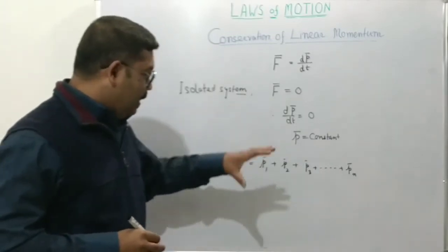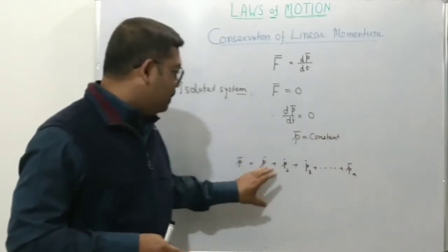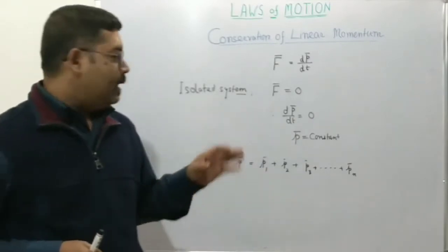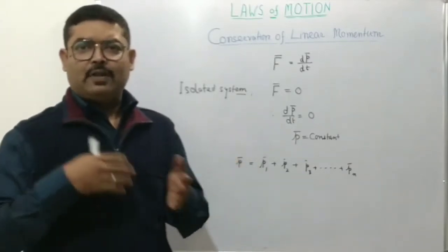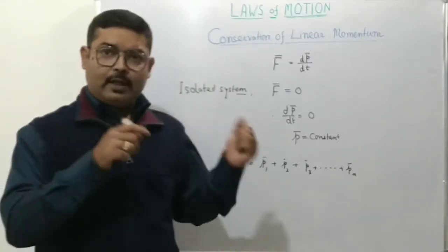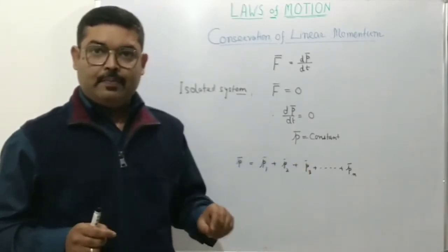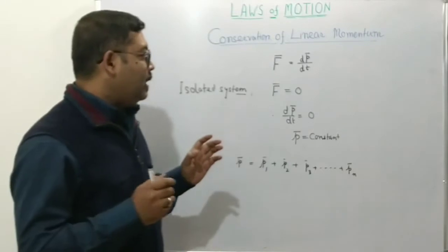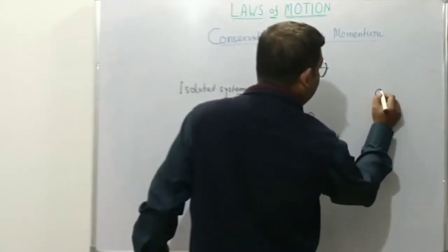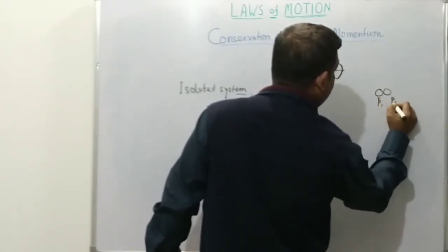So in the system, at some point of time, if I take the net momentum, that is, the sum of the momenta, and I take the momentum at a later point of time, say after 10 seconds, 15 seconds, 1 day, if the system is not interacting with the outside world, then individual momentum might change. Remember that. Because let us say out of all these n particles, two particles collided. P1 collided with another particle, say P3.